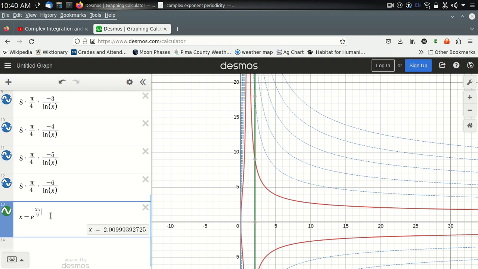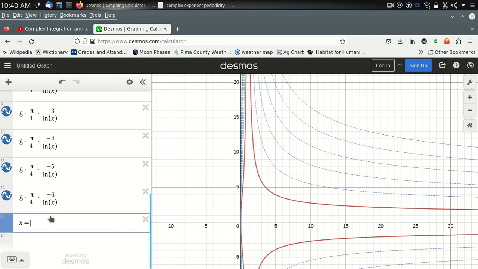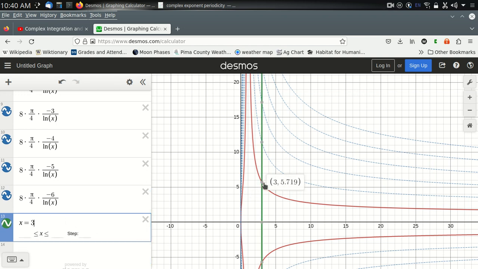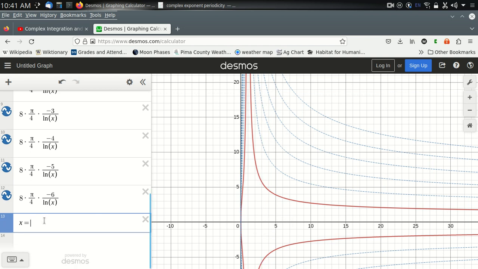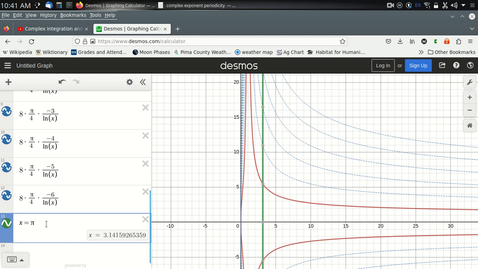What we can do now is we can just set, so what happens if it's 3? What happens if our base is 3? What does our period look like? 5.719. It's going to be some irrational number, I'm pretty sure. Right. What if our base was pi? .489.